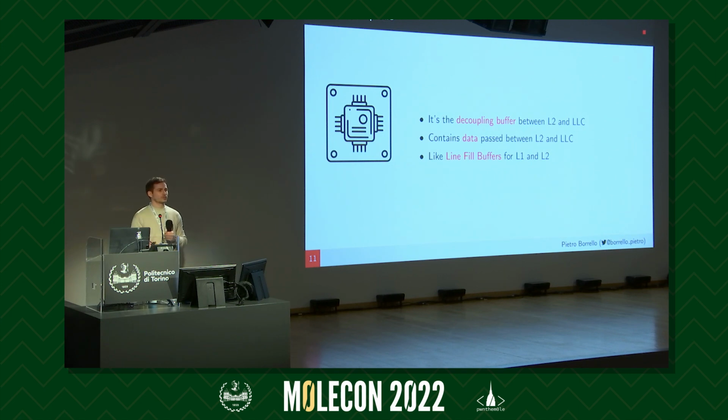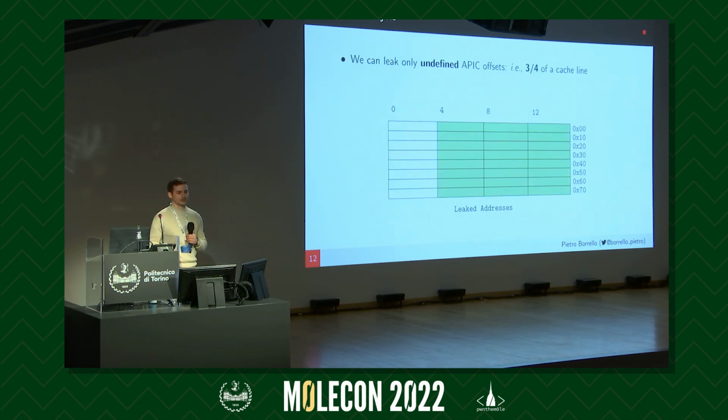We should try to understand, okay, what kind of data are we leaking? And as we mentioned, we only leak from those undefined ranges in the APIC MMIO region. So first of all, we cannot leak from the 0 to 4th byte of every cache line, since if you try to read the APIC MMIO region from those bytes, you will just read the defined values in the APIC.